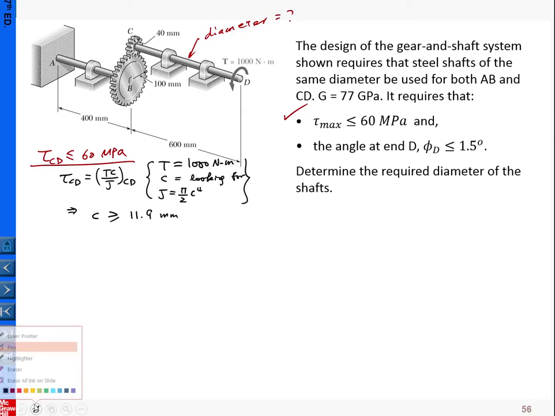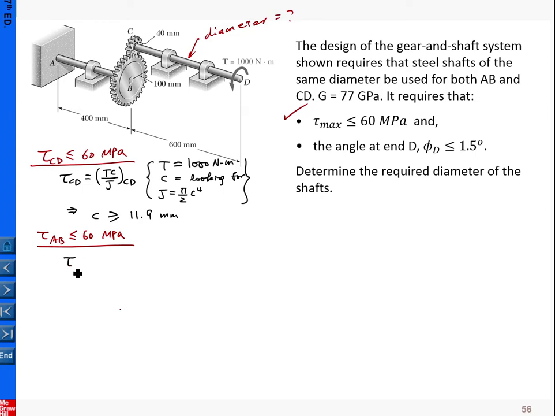Okay, so now we check tau AB less than or equal to 60 MPa. Again, we're looking for the maximum value, so Tc over J, with everything pertaining to shaft AB. In this case, what is the torque in AB?